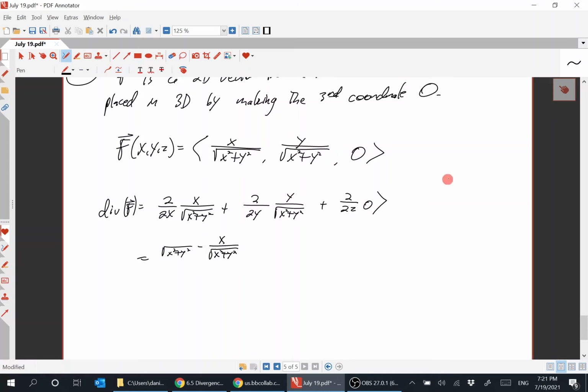So the derivative with respect to x of square root 1 plus x squared is x over square root 1 plus x squared. So just a quick shortcut there.